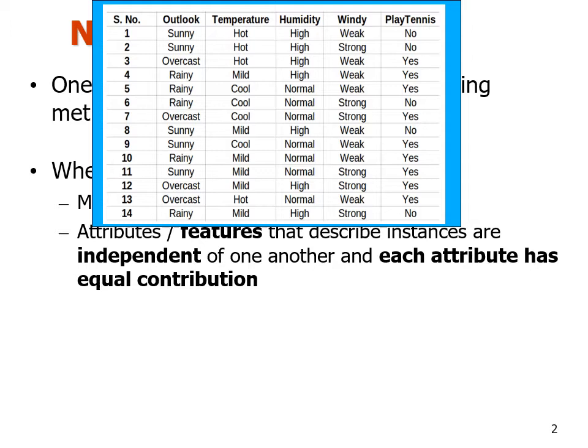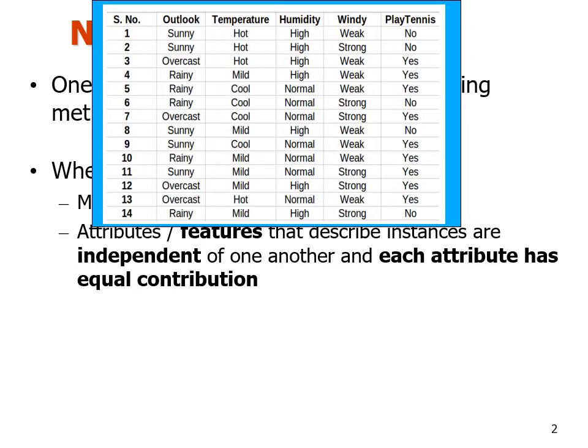So this problem provides us 4 weather conditions and tries to predict whether to play tennis or not. With relation to this data set, I am going to illustrate these 2 conditions.